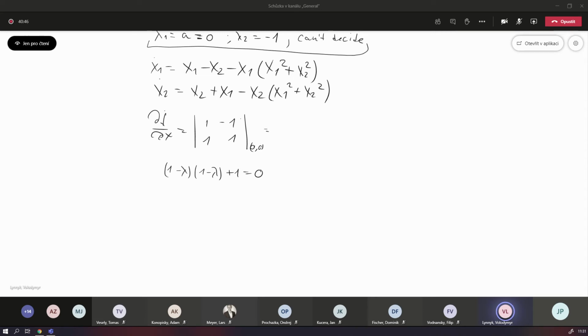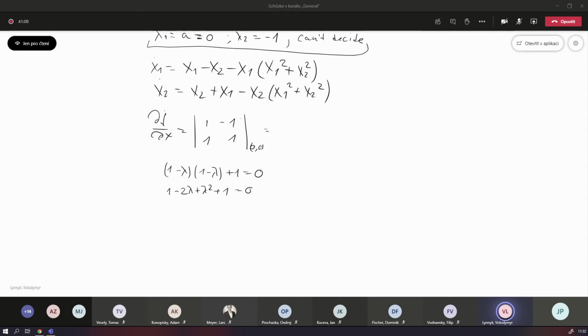Okay, and this 1 minus 2 lambda plus 1 equal to 0. Okay, and I think it's correct, this calculation.